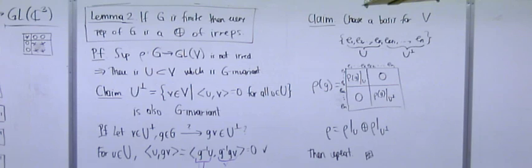It takes in the normal basis, it takes E1 to E2, E2 to E3, and E3 to E1.